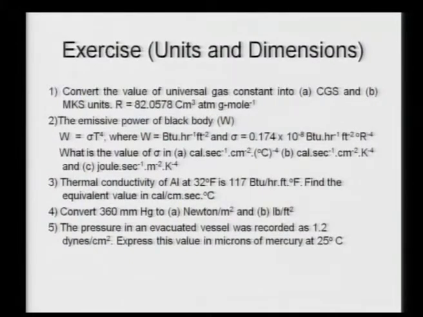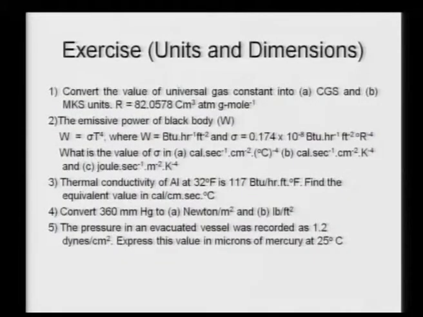In A, calorie per second per centimeter square degree Celsius to the power minus 4; B, in calorie per second per centimeter square Kelvin to the power 4; and C, joule per second per meter square Kelvin to the power 4. So, again you have to derive this unit from the basic units, because as I said in my first lecture, all the units can be derived from the fundamental units.